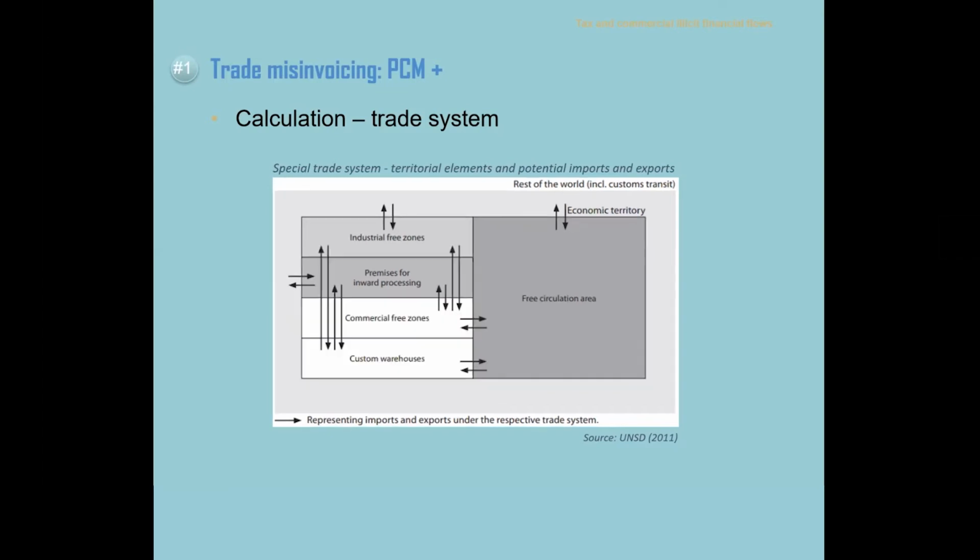Now, what happens if statistical territory is not the same as economic territory? In this case, we have a special trade system.